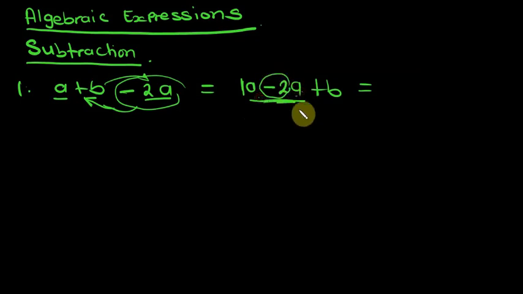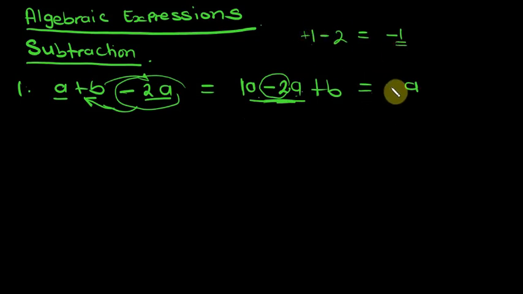So a and a, write the a there as it is, and then now we just subtract the coefficients. 1 minus 2. 1 minus 2 is equals to negative 1. The small number minus a big number will always give you a negative.